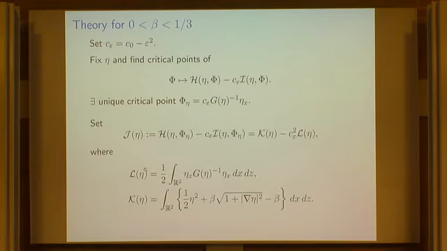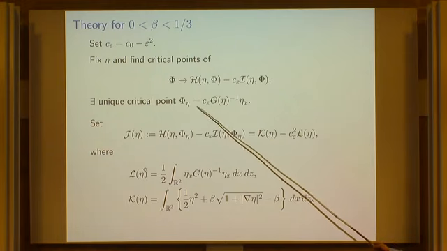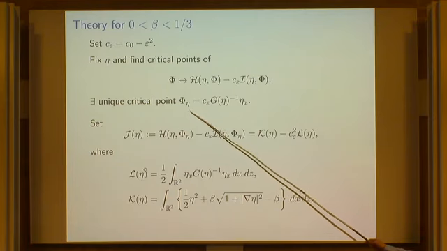Okay, and now you plug this function into this functional, and you get a new functional which I call j. So the variational reduction works by saying that critical points of this new functional, given that phi, give you critical points of the original functional if you set phi like this.